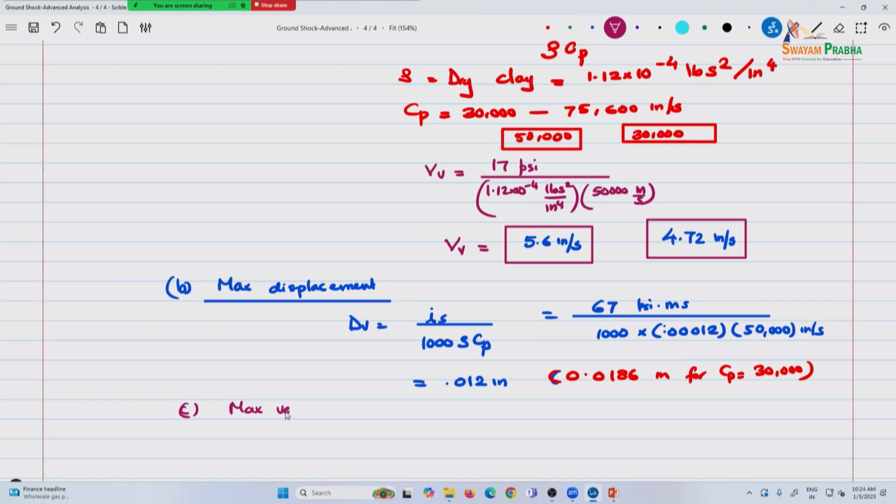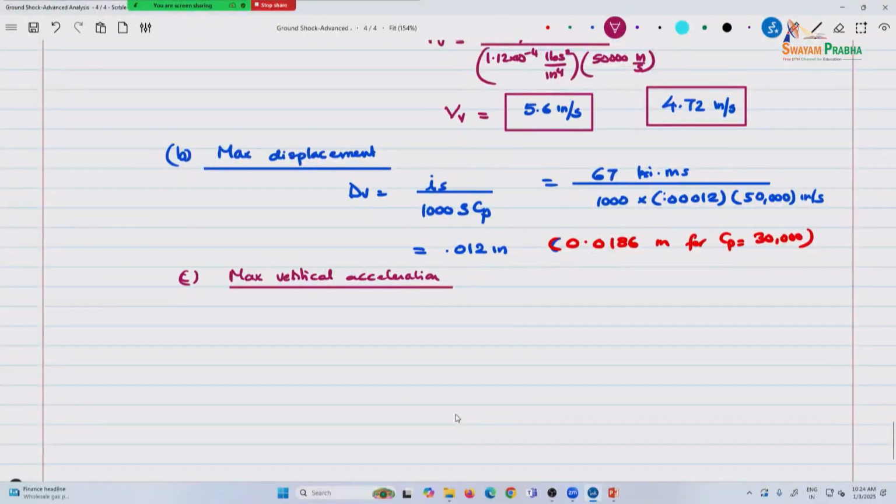So the maximum vertical and, as we have seen, the horizontal and vertical accelerations for the Cp. So the maximum vertical acceleration is AV, which is 100 PSO divided by rho Cp.